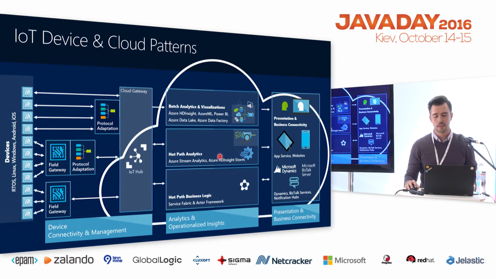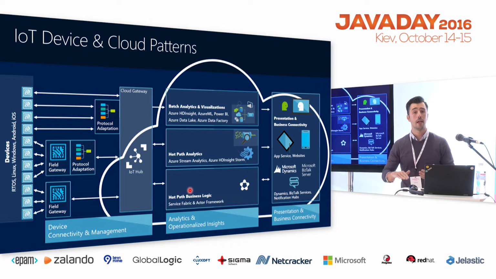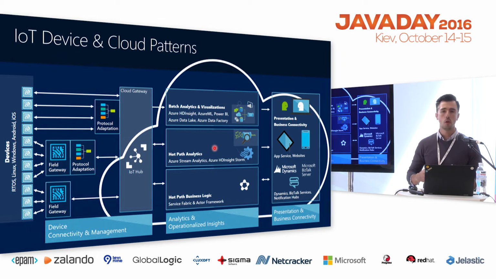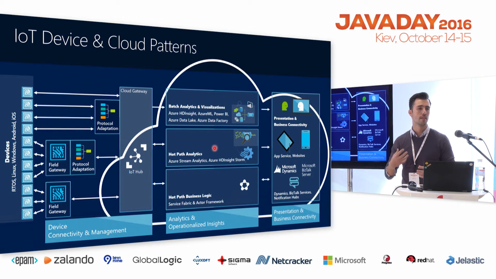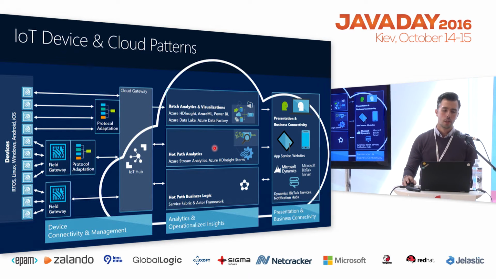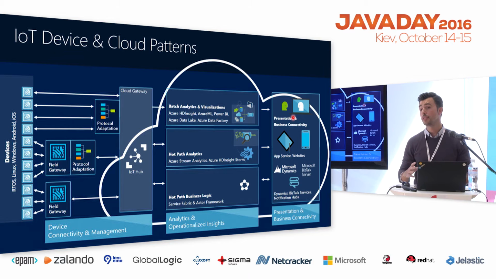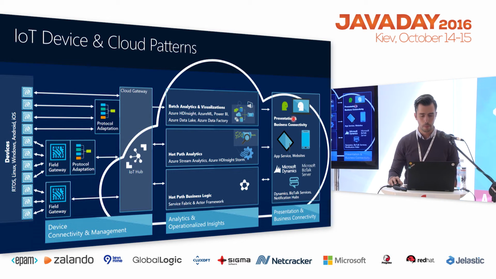When you're processing the data, you usually have the hot path, which is stream analytics in near real time. And the other part is when you have already connected and collected the information, and you're doing some post-analytics on top of it. Having all this represents an end-to-end IoT solution.